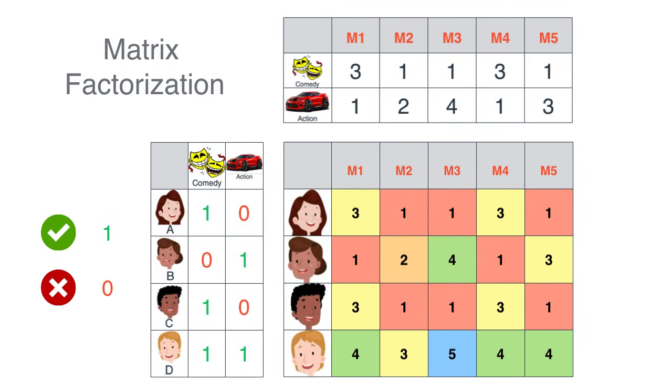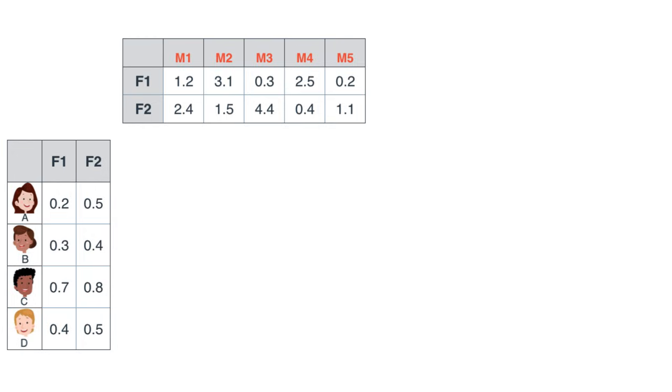Well, we start with some random values and then get better and better and better until we hopefully get to something pretty good. So let's start with random values. Here we have a matrix with random values on the left for the user feature matrix, and a matrix with random values on top for the movie feature matrix. And notice that I don't have comedy and action anymore. I just have two features, F1 and F2, because all we know is that there are some features.